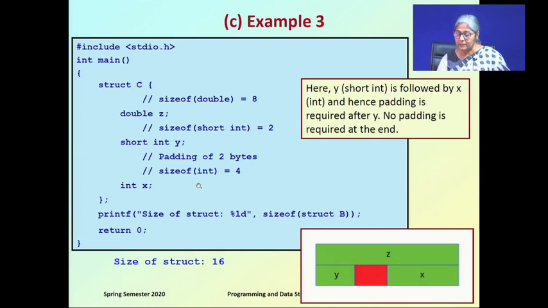So, see here it is padded 2 bytes and then the 4 bytes. This is also another option, but here also it is 16. It is followed by x, and hence padding is required after y, because y is short.